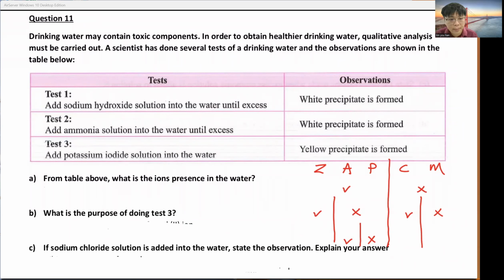Draw this one first. Then W, then put in sodium hydroxide, ammonia, and KI.